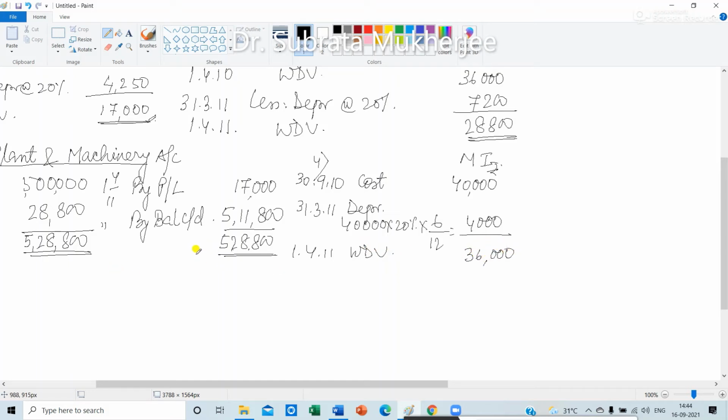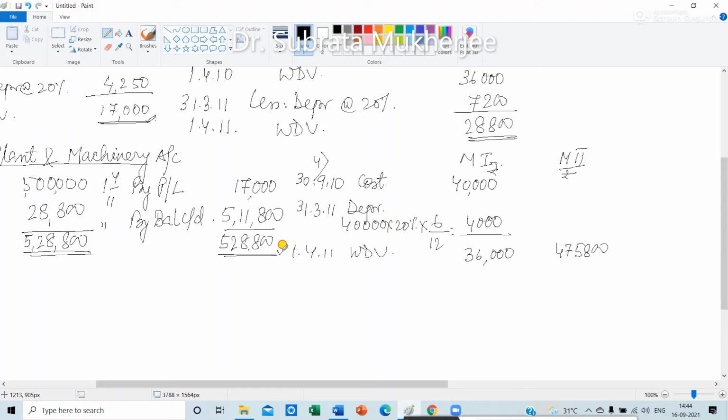So you have a balance of plant and machinery on 1st April 2011 as 5,11,800. The balancing figure I give to M2, that is 5,11,800 minus 36,000, which will be 4,75,800.